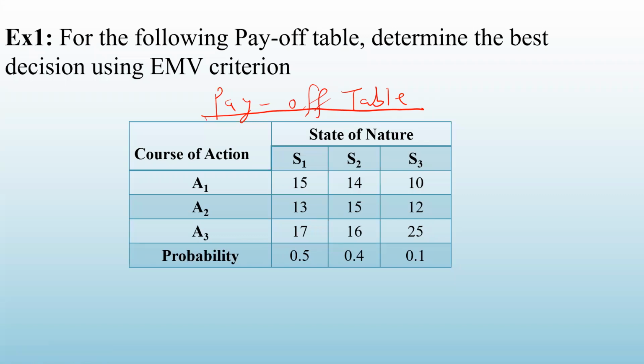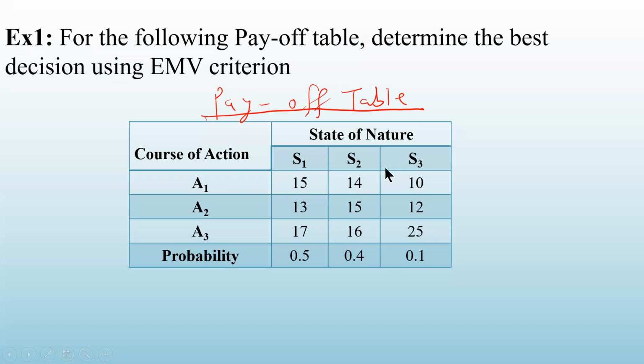Solving means what? We have to find out which course of action is the best course of action. Solving a decision making problem means find out what is the best course of action, A1 or A2 or A3. So we are going to use the criterion EMV. In the EMV criterion, what do we have to do? We have to find out the EMV for each course of action, A1, A2 and A3.